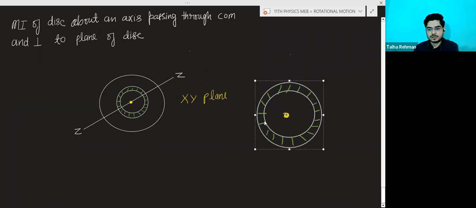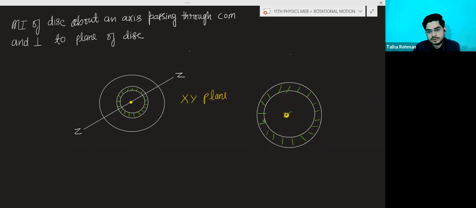I will zoom in. At a distance of r, this ring has the radius r, sorry, small r.